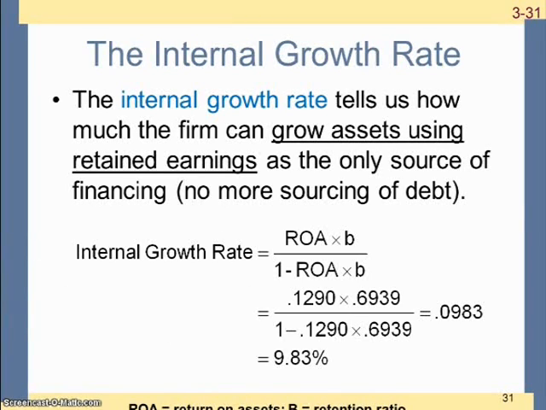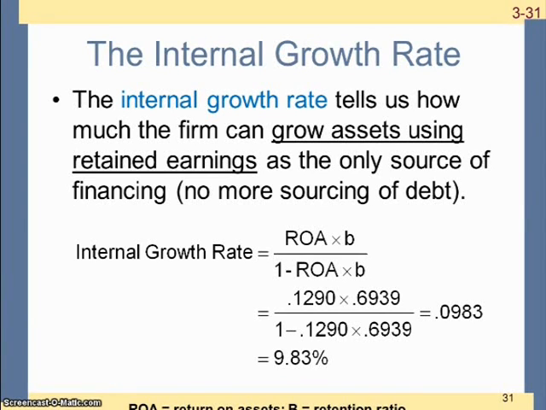ROA is obtained from slide number 16, 0.1290. B is obtained from slide 21, is 0.6939. Alright, combine and you will get internal growth rate of 9.83%.